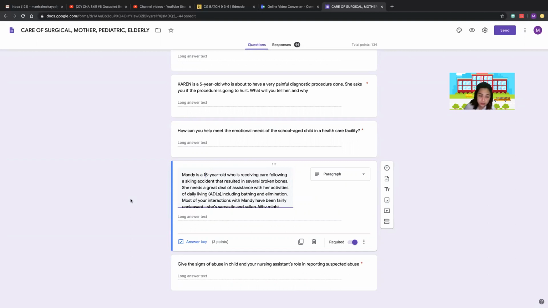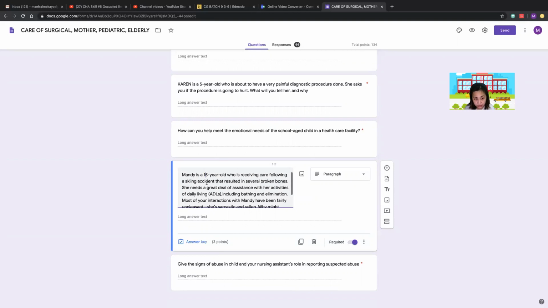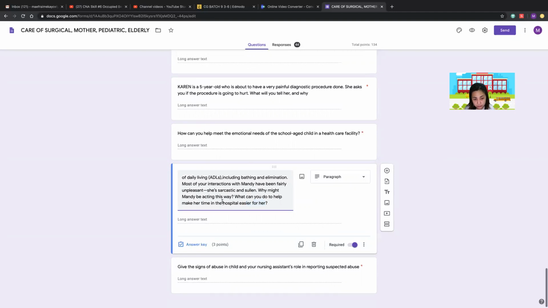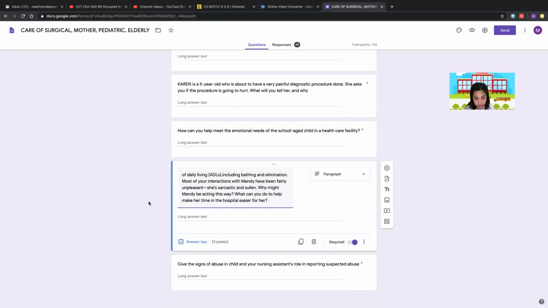So make sure that you are promoting privacy for this patient, because it's very sure that you will have an unpleasant encounter with her otherwise. She will not promote privacy because she is already an adolescent. So make sure you promote privacy. So that is the answer for this.